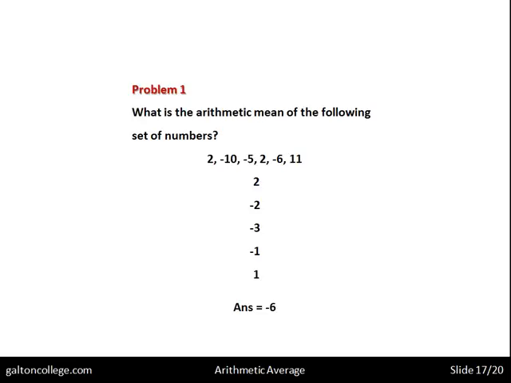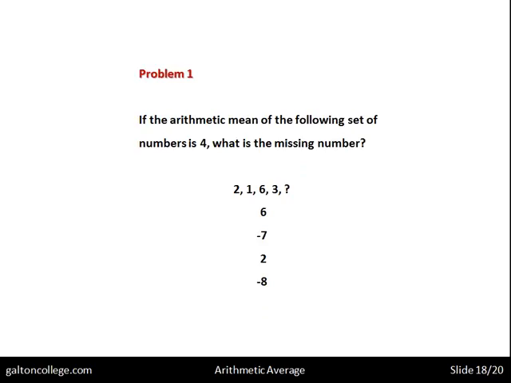Well, the answer is minus 6. We haven't been given that. Oh, sorry. We pick it from here. So what is the appropriate number here? Which one is the average? So that was a bit confusing.